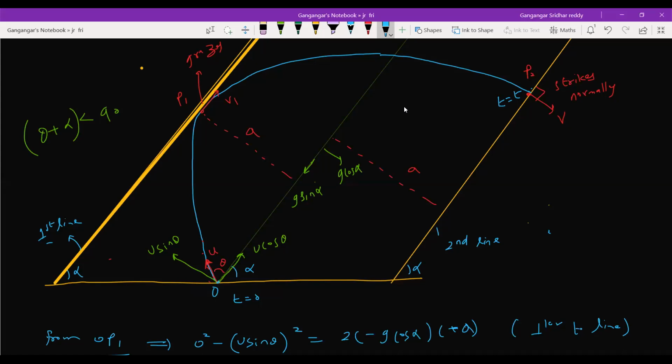What happened to the perpendicular component? It will be 0 at point P1. Am I right? Yes, sir. Understood. Okay, got it. I think there was a little confusion. Shall I go on? Yes, sir.